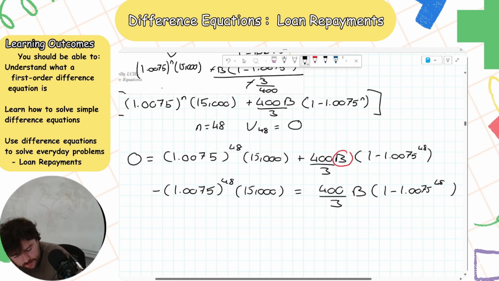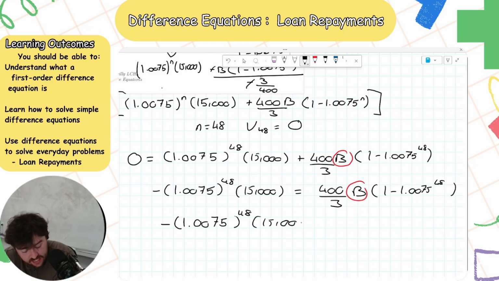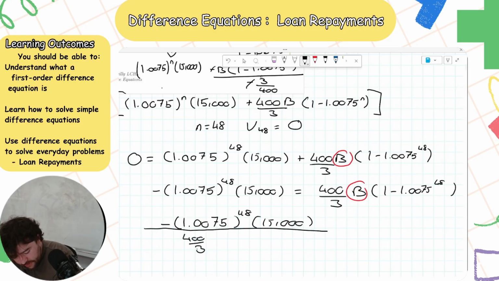To get B on its own, I divide the other side by 400 over 3 and 1 minus 1.0075 to the power of 48. It's going to be minus 1.0075 to the power of 48 times 15,000, all over 400 over 3 times 1 minus 1.0075 to the power 48, and that is equal to B.